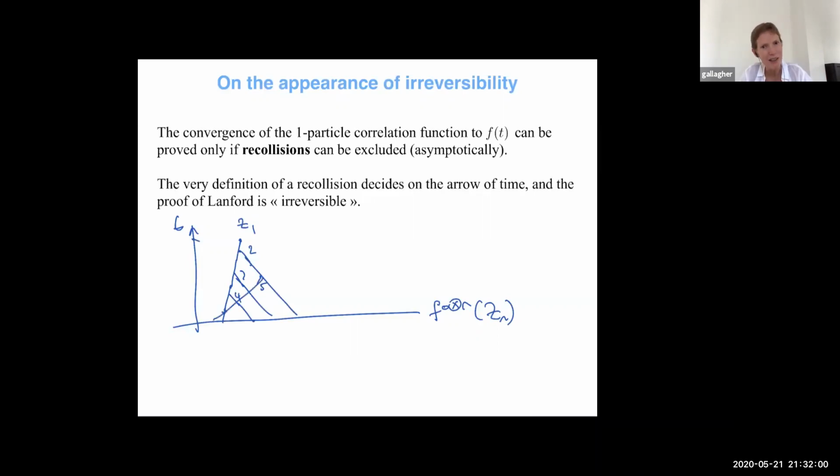But that's totally not allowed, because if that happens, that means that particle 5 is going to be correlated to particle 1 at this time here, but actually it already was correlated to particle 1 because of particle 2. So these particles 5 and 2 cannot be independent. Okay, 2 is independent of 1. Okay, it hit 1 and then never saw it again, so that's fine, it's independent. 5 is not independent to 1 because it hit 2, which hit 1. So at this time here, something very bad is happening.